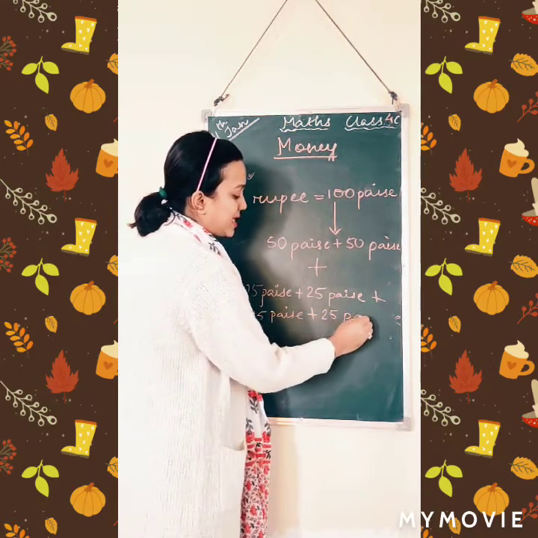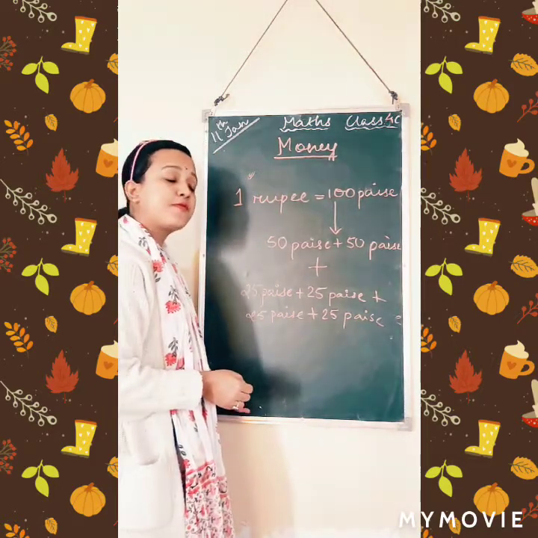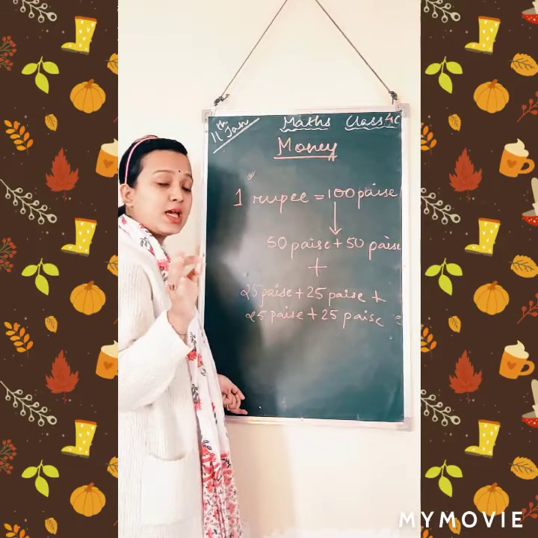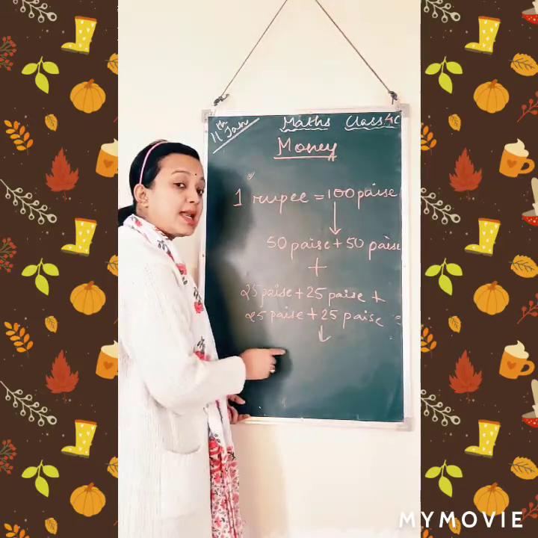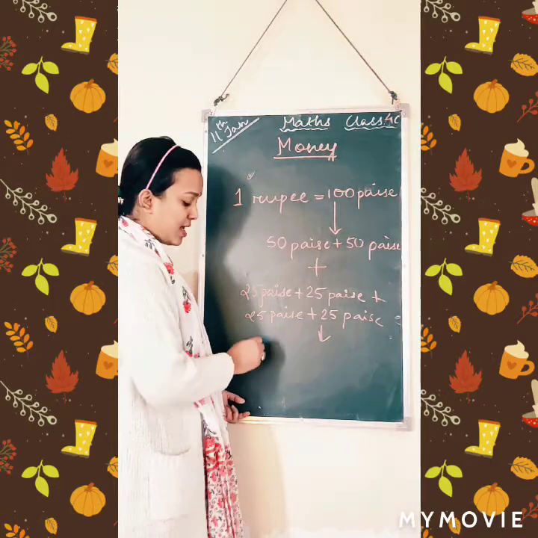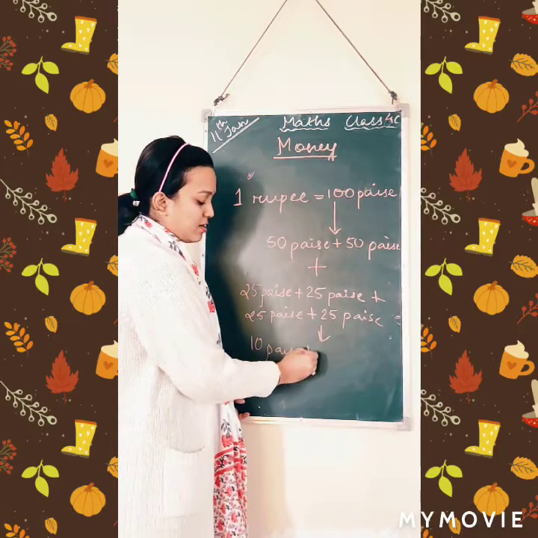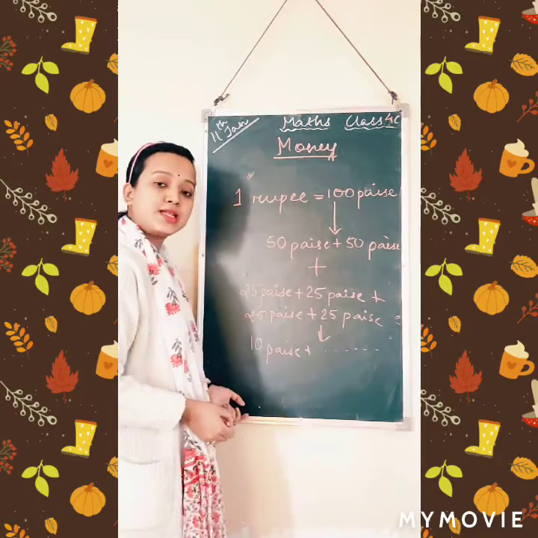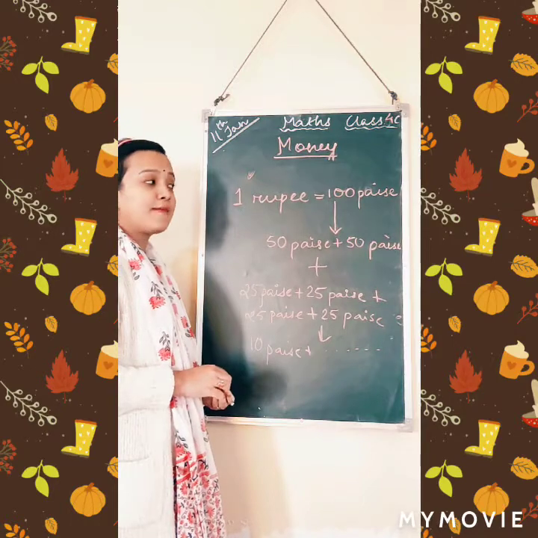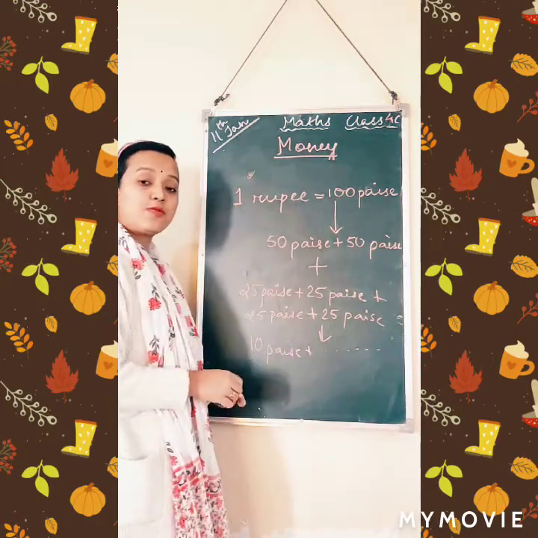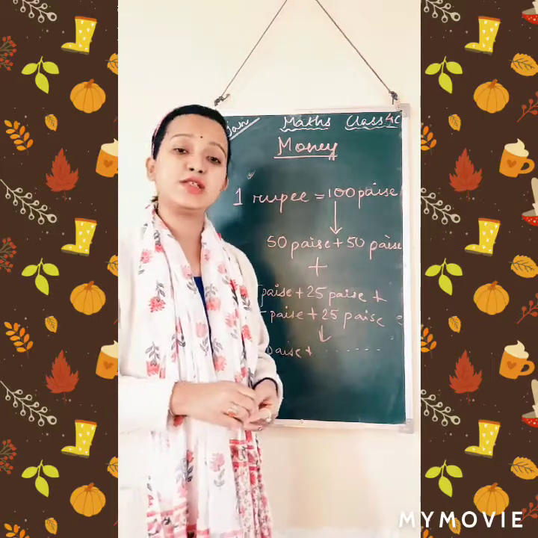Okay, you can represent this 100 pies in many forms. I have just represented a few of them. You can represent this 100 pies in any form. Okay, you have to remember this formula in order to convert from rupees to pies and pies to rupees.